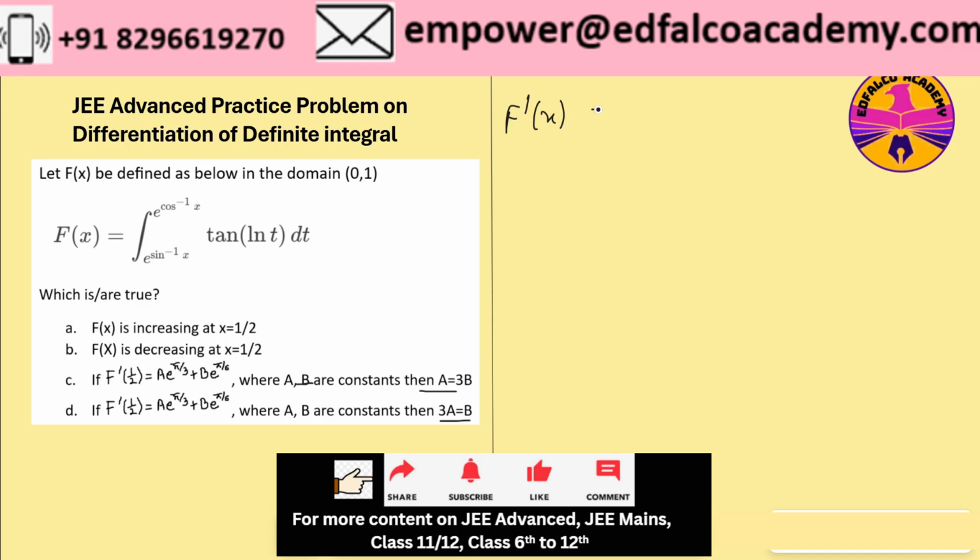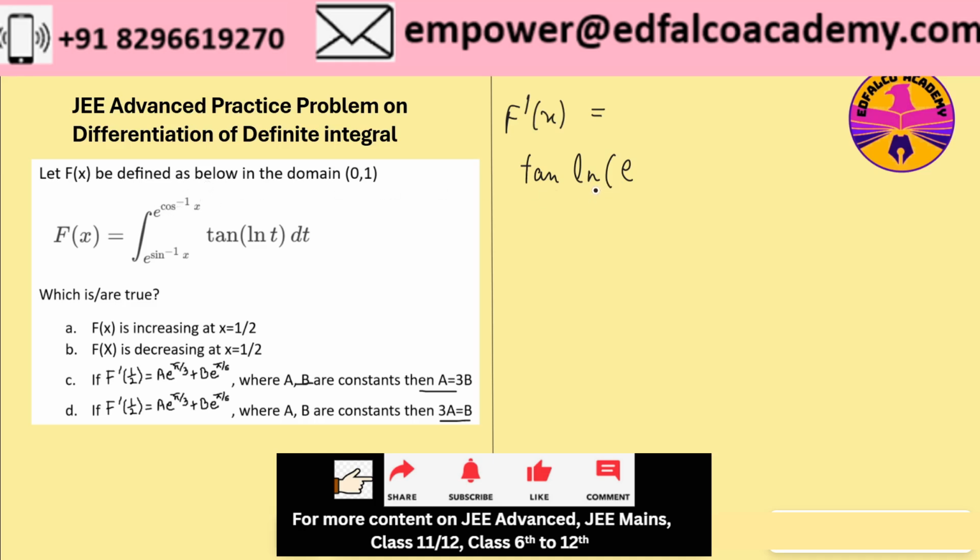So here f dash x will be equal to the value of the function, which is given as tan of ln t. In place of t, we will now put the limits. So it will be tan of ln of e to the power, sorry, first we will put the upper limit.